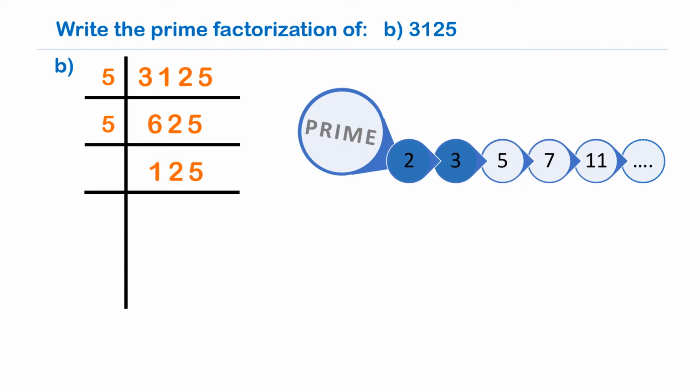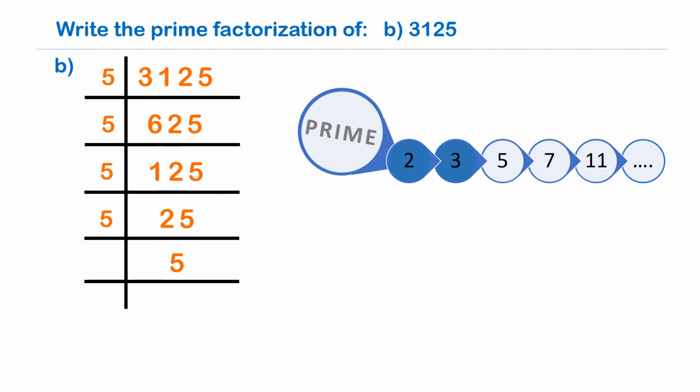The last digit of 125 is 5. So again, divide 125 by 5, we get 25. And we all know that 25 is divisible by 5. So write 5 to the left of 25 and divide. We get 5.